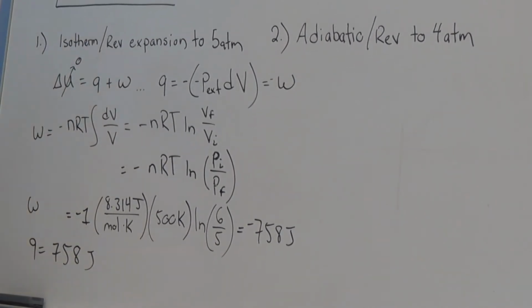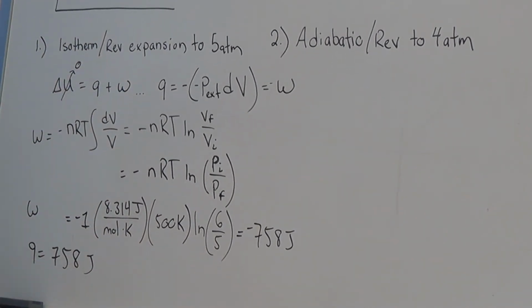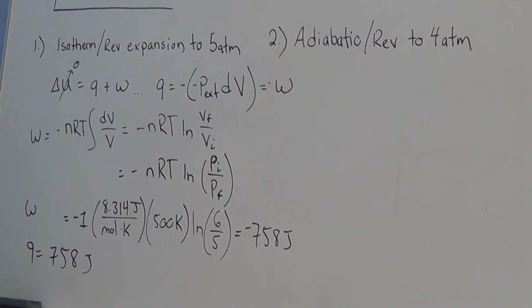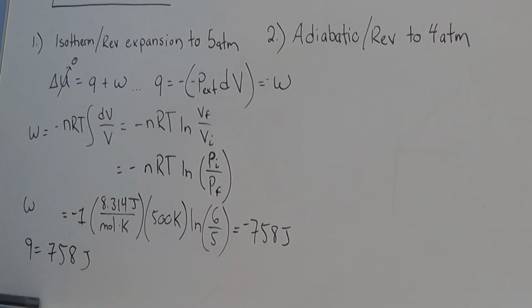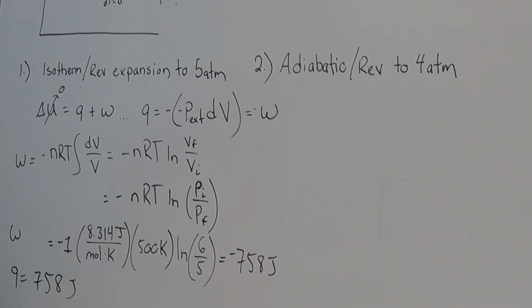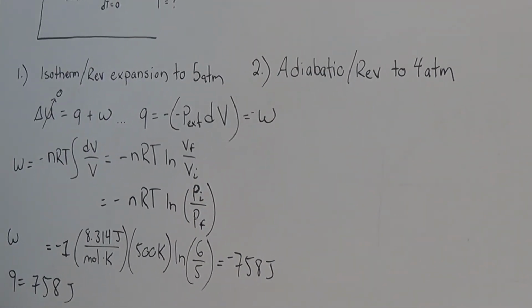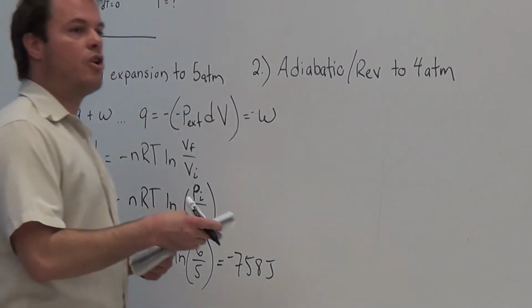The adiabatic one is not as easy. We started to work on the adiabatic one the other day, when I started deriving the relationships for adiabatic processes. I'm going to make some of these relationships available on the web so that you can do your homework.